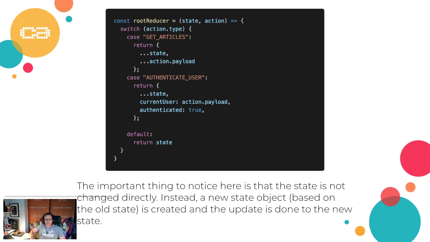But we will not be covering that in this demo, because again, even though you might not believe me, this is Redux as basic as it gets. So we're trying to keep things as simple as we possibly can. But I just wanted to show you, in code, what those reducers might look like.